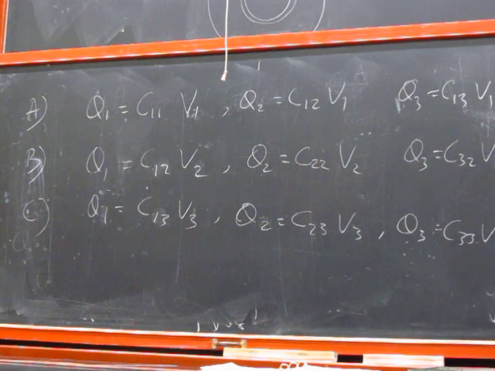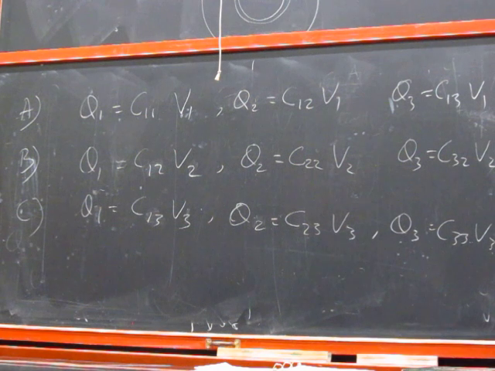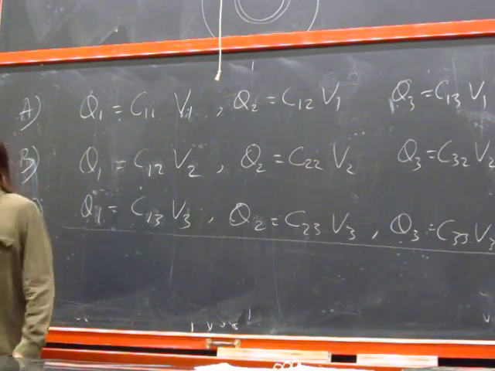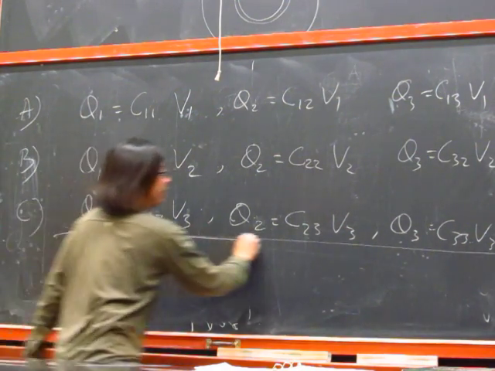Which two are grounded? On configuration C, 1 and 2 are grounded. So I only have V3. Because of V3, it induced charges on 1, on 2, and on 3, given by those equations. So by the principle of superposition, all of this adds.